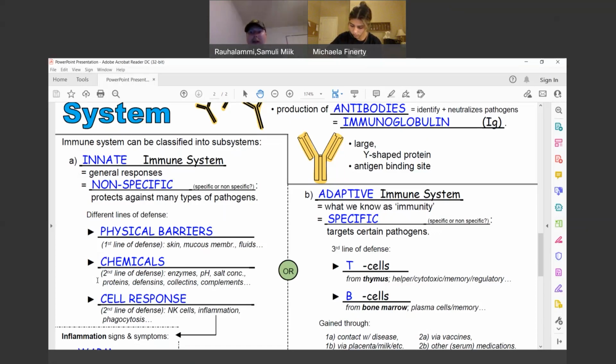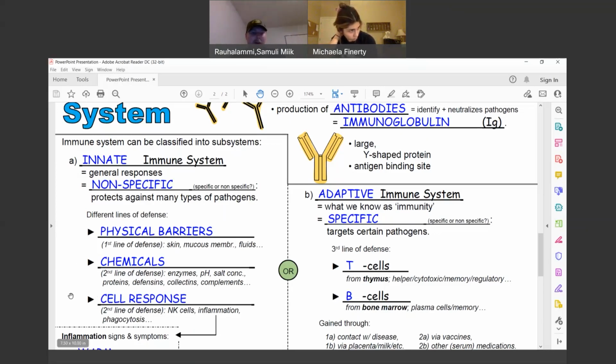If you eat something that you shouldn't, those chemicals kill those. In our eyes, tears are really good at killing a lot of bacteria, because eyes are one of the easiest ways for pathogens to get into our body. So, sort of chemical reactions to stop stuff from getting into our body.